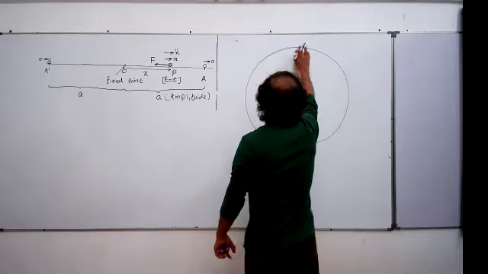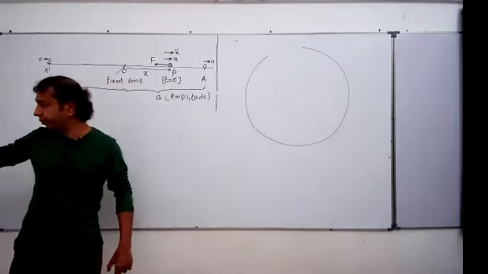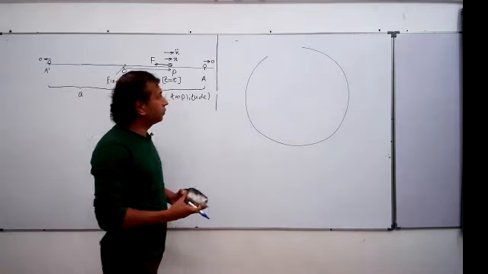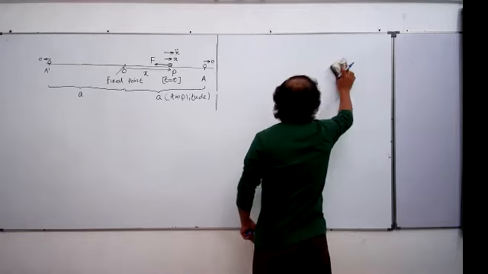Suppose like this, on a circle, a point P moves with constant angular velocity omega.